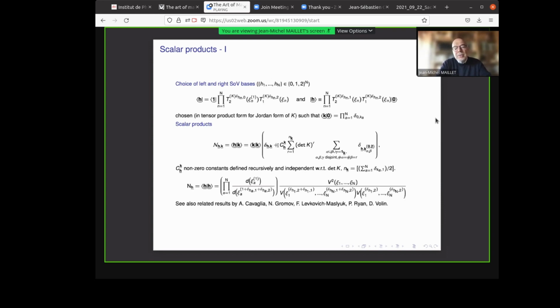But then you have a series of non-diagonal terms. This series is still well ordered in terms of powers of the determinant of K, the twist matrix, and you have some coefficients here, CK, CHK, which are defined recursively, and some selection rules. So this matrix looks interesting.